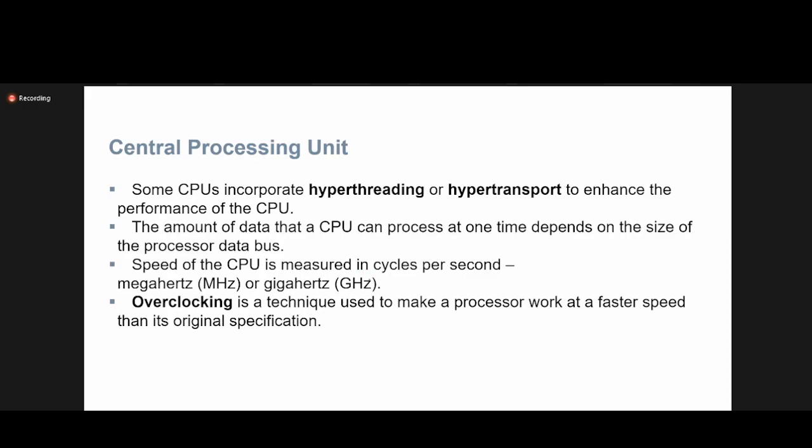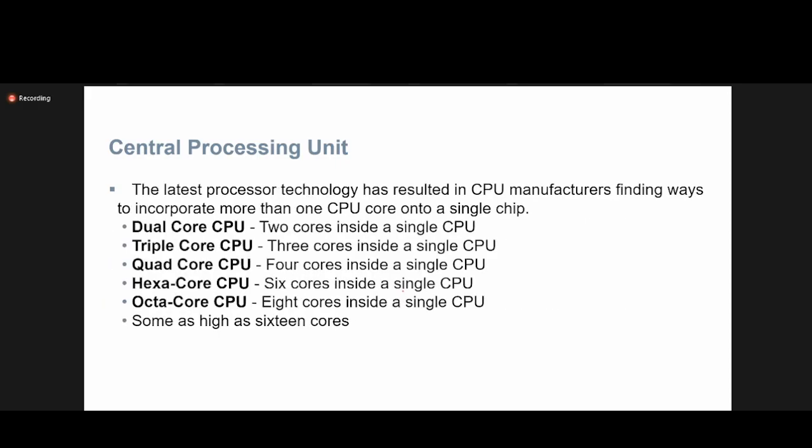The amount of data that a CPU can handle and process at a time depends on the size of the processor and data bus. I think we also addressed those things, right? And the clock speed, megahertz, gigahertz, and overclocking, which we use to make the processor work at a faster speed than its original specification.